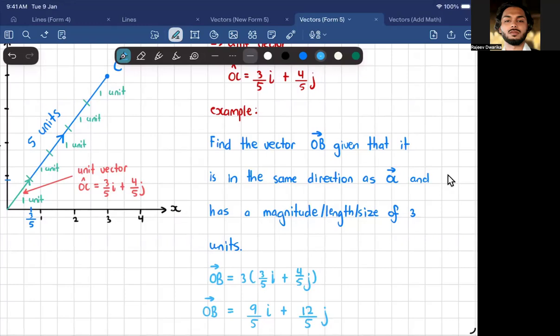That's 1.8 or something. Check it in the calculator. That's 1.8.